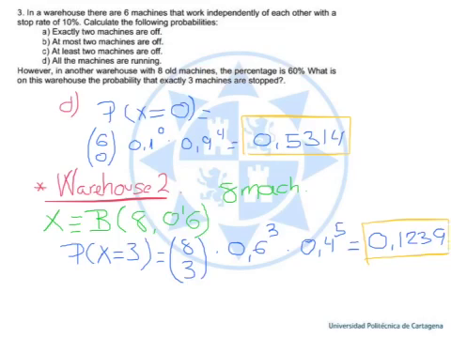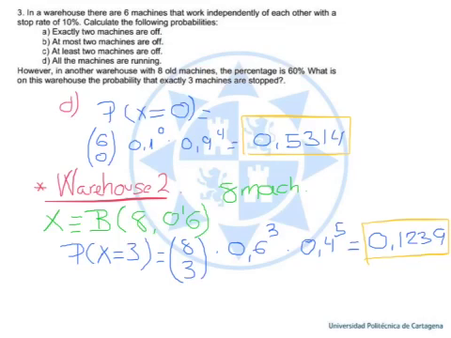We have done it with the formula of the binomial distribution, as the probability is 0.6 and we cannot find it in the tables. But if we wanted to use the tables, we would have had to change the variable. Instead of calling x the number of machines that are off, we should have called it the number of machines that are in.